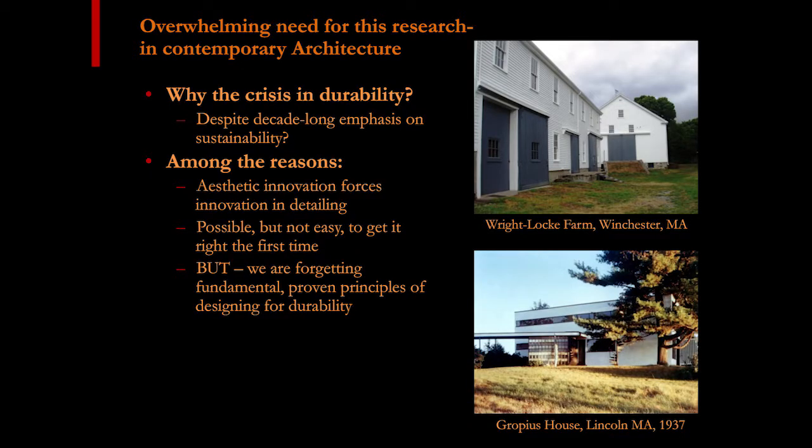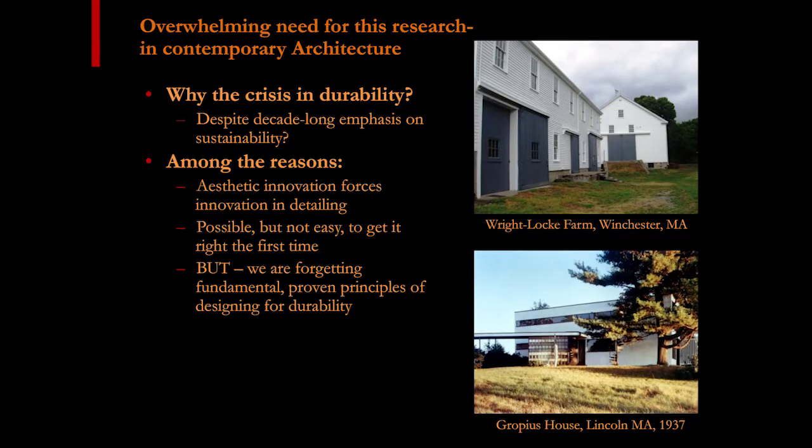So why then are we in this crisis of durability? In a way, it's really counterintuitive, because we have much more sophisticated materials today, waterproofing materials, structural materials. Architects and engineers are trained and educated and licensed today in a way that they weren't 150 or 200 years ago.